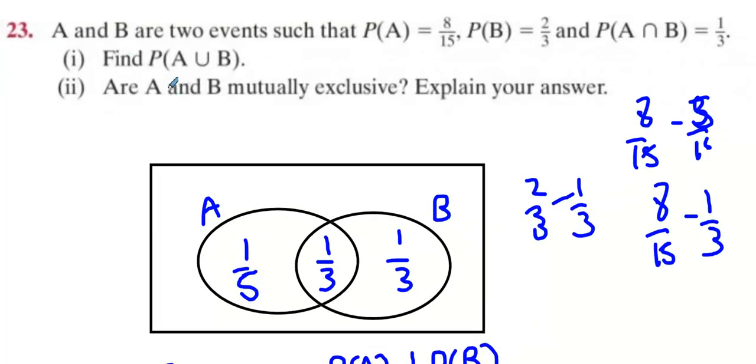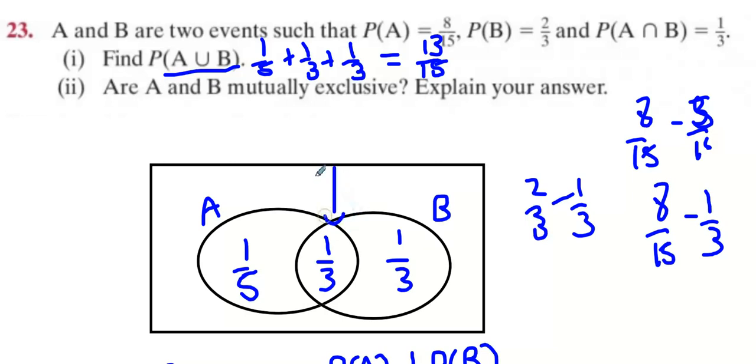Once we define A union B, that's the part one. Intersection's dead center, and union is the three regions combined. Intersection would be 1/3, and union would be a fifth plus a third plus a third. And what's a fifth plus a third plus a third? Anybody? 13 over 15.